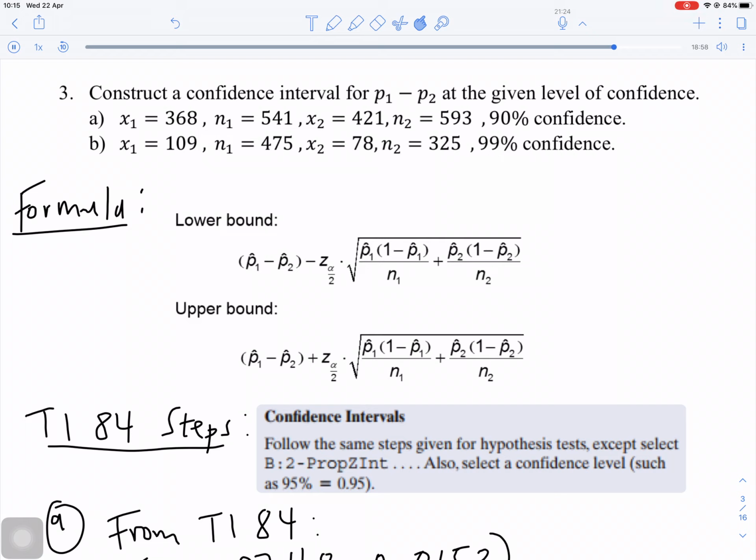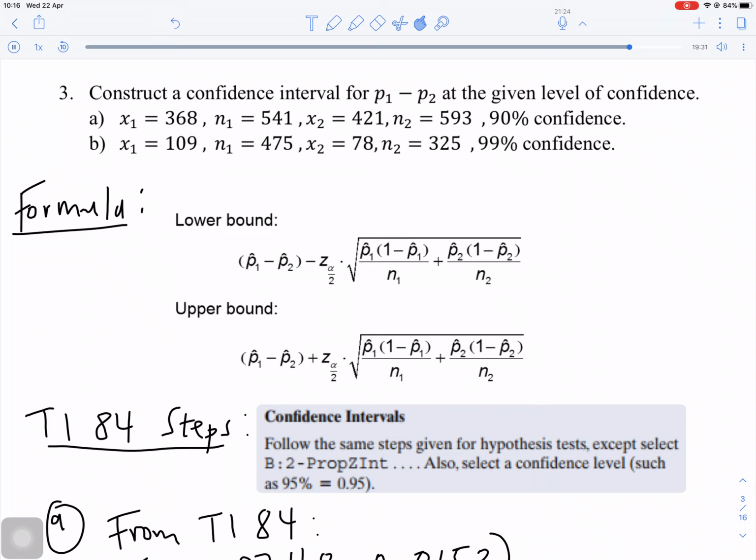For question A, X1 is 368, N1 is 541, X2 is 421, and N2 is 593 at a 90% confidence. So our C level has to be 0.9, because it's always a decimal value between 0 and 1.